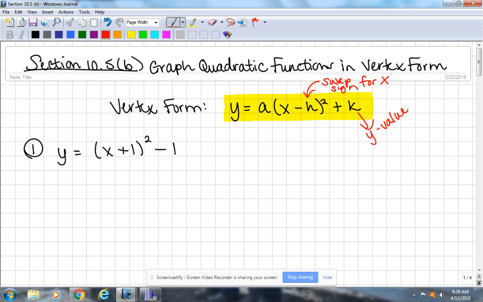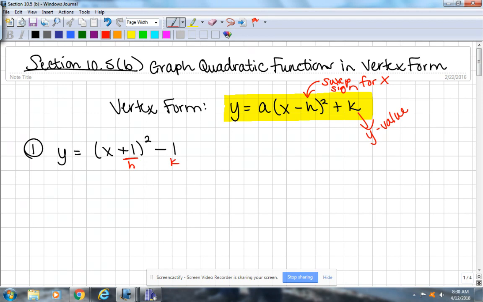So here's an example right here. We're going to graph this parabola. But first we have to pick out the vertex from the formula. So this is my h. This is my k.